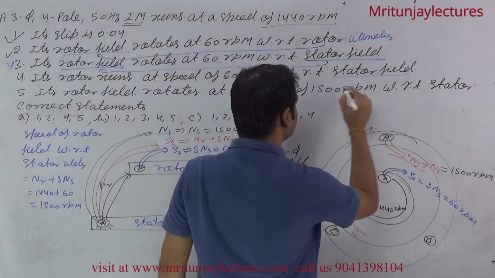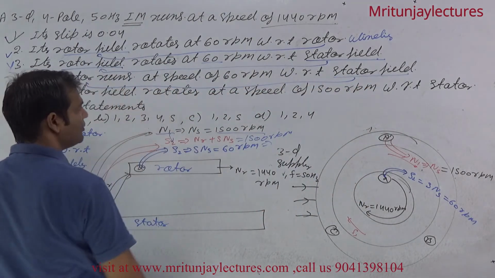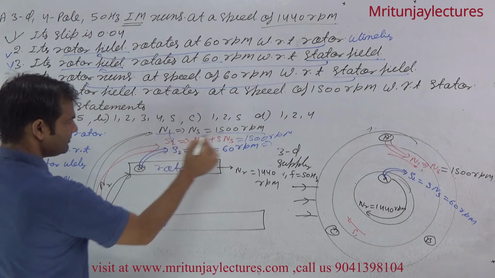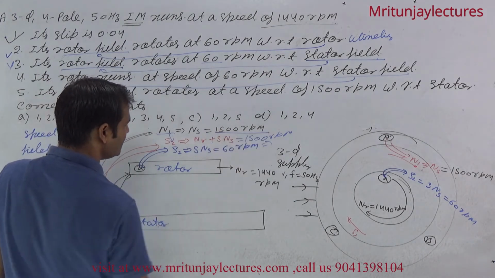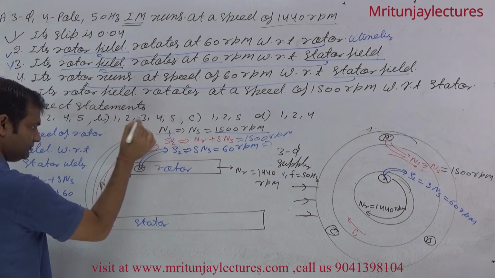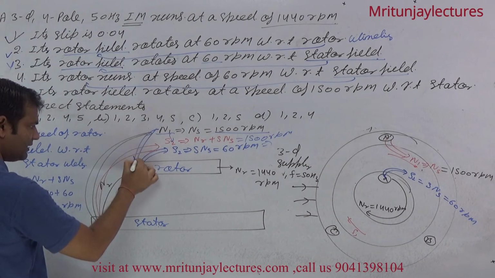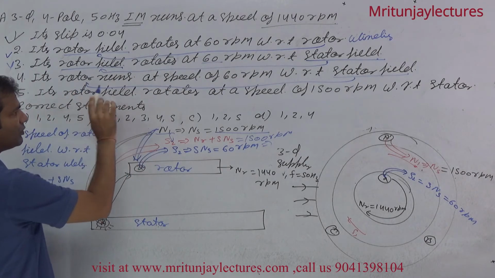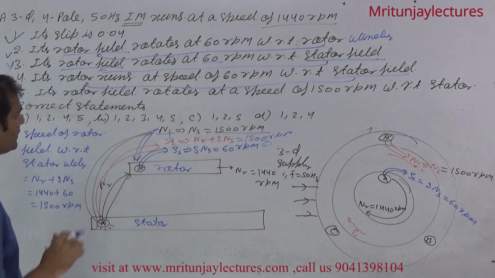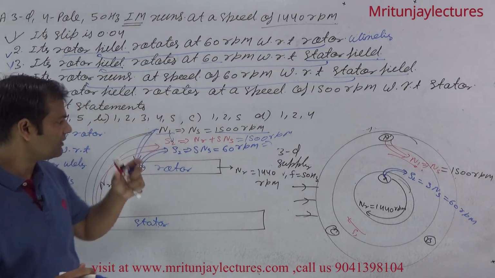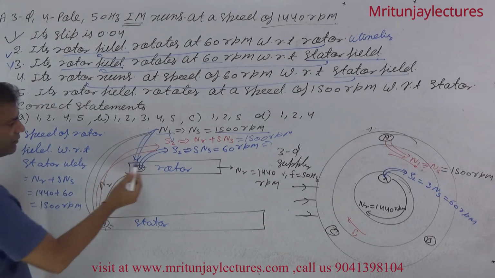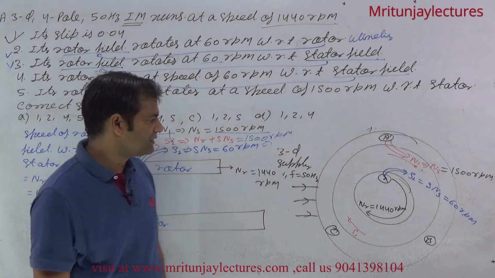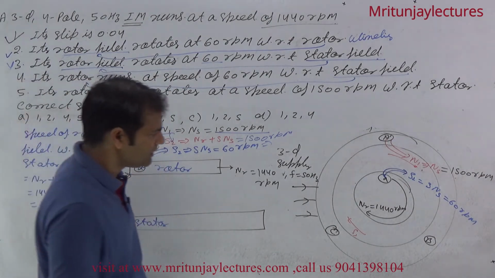Now the fourth option: the rotor runs at a speed of 60 rpm with respect to the stator field. Sit on the stator field and see the rotor. Rotor means rotor winding. Now sit on the stator field like this and see the rotor winding. That speed is NR minus NS, that is 60 rpm.